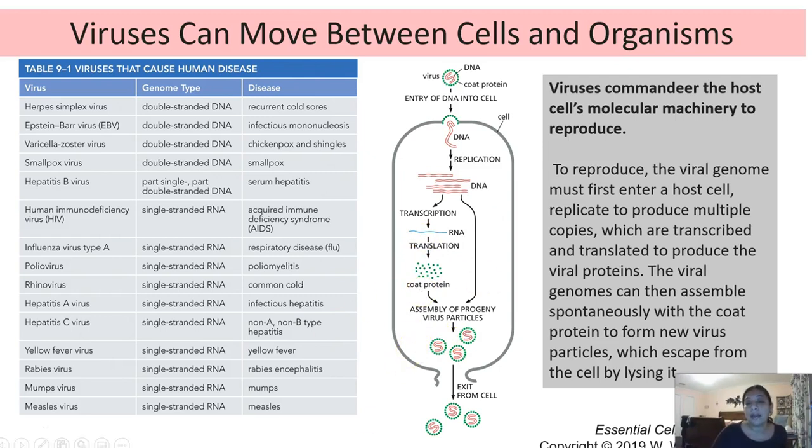Once those proteins are made, they self-assemble into viral particles using the genome copies from the DNA, along with all these different proteins, and then they exit from the cell, usually through lysis, which means that the cell will rupture, and these particles will spread to neighboring cells, infect those, and the cycle will continue. So in this case it is a very clear-cut process, with very little chance of this particular genome integrating into our genome and causing any issues.